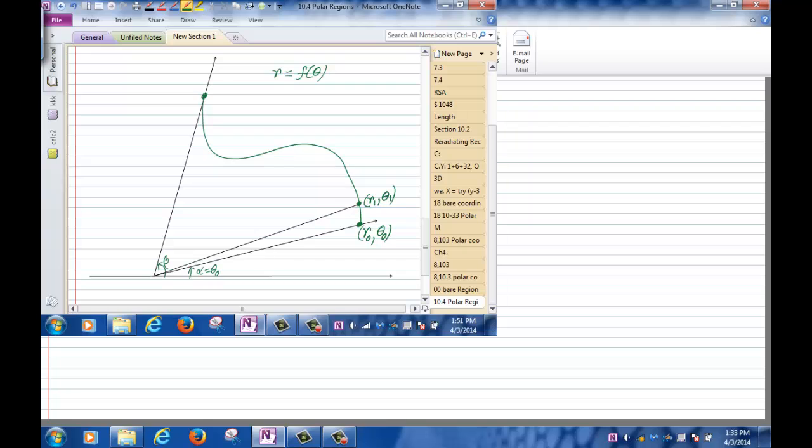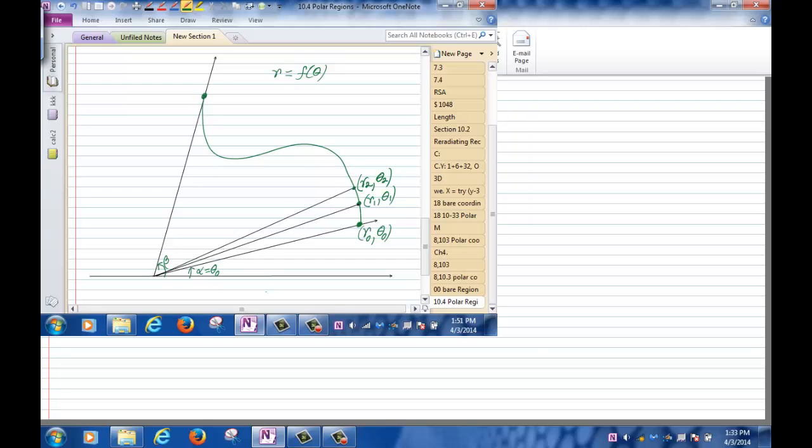Remember theta 0 was alpha, and I can pick another one. Let's say this point here is R2 theta 2, right? You see the point? And I'm going to keep doing that.